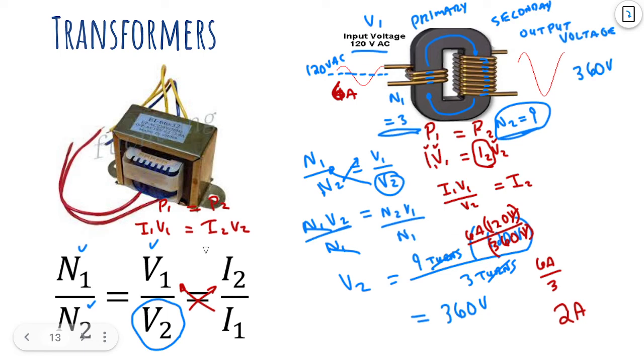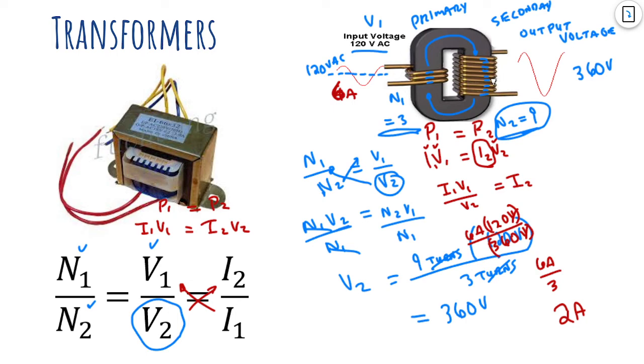We can change electricity up, we can change it down. If you had an X-ray machine, then you want high voltage. So you'd have a transformer that looked like this, where there's a small number of coils and a big number of coils on the other side. And that would make a higher voltage. That would be a step-up transformer.